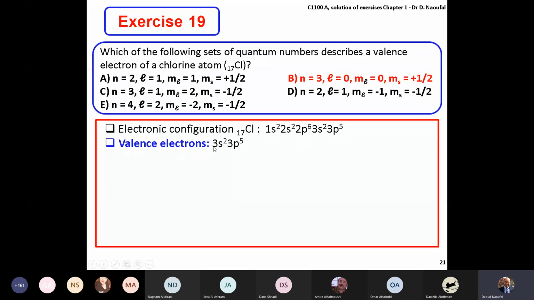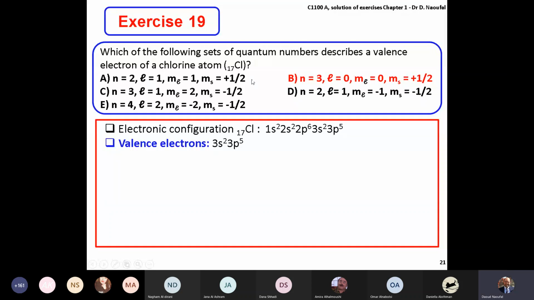So the valence electrons are 3s2, 3p5. These valence electrons are found on n equal 3. So we can eliminate A, we can eliminate E, because in A n equal 2, in E n equal 4, in D n equal 2. So A, D, and E are eliminated.